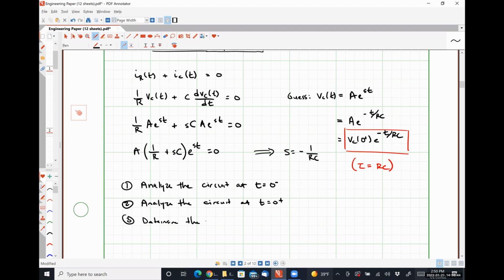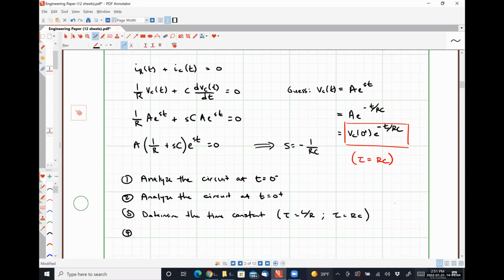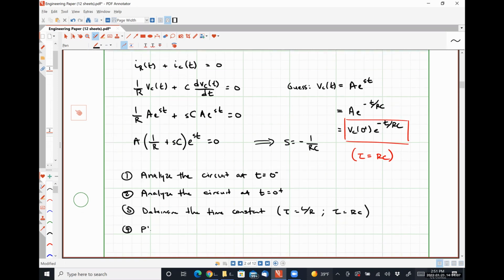Determine the time constant, where tau is equal to L over R for RL circuits. Tau is equal to R times C for RC circuits. And then step 4. Plug the results of steps 1 through 3 into our generic equation.